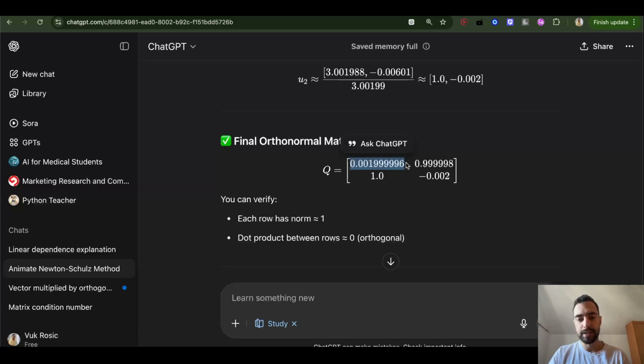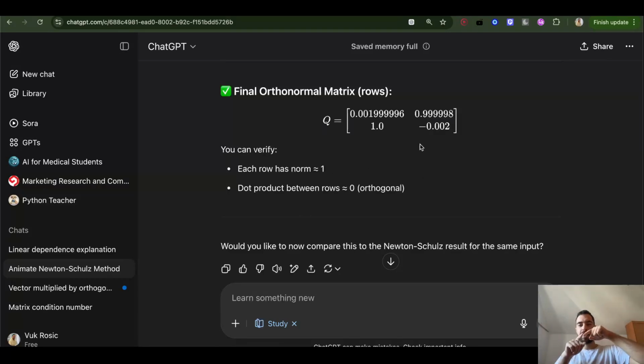Not the sum of the coordinates, which in this case is accidentally 1, but the length is 1. If you take the Pythagorean theorem or the norm, it's going to be 1. And they are 90 degrees, they are orthogonal to each other. This is called orthonormal. The length of all of the rows is 1, and the rows are perpendicular to each other. So this will not have these insanely huge values where one direction gets stretched. This will make all of the directions, all of the vectors, all of the rows pull equally.